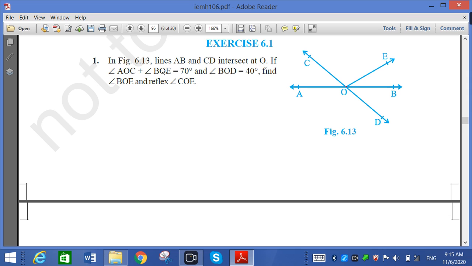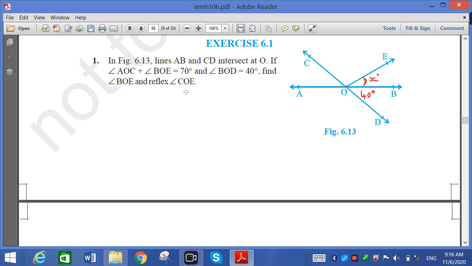If AOC plus BOE is 70, and BOD is 40, find BOE. So we have to find out BOE as X.